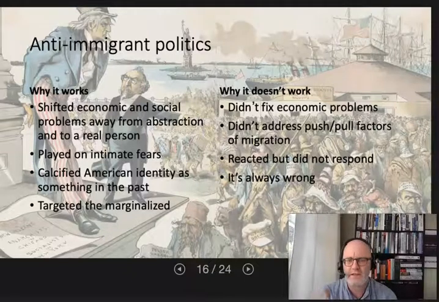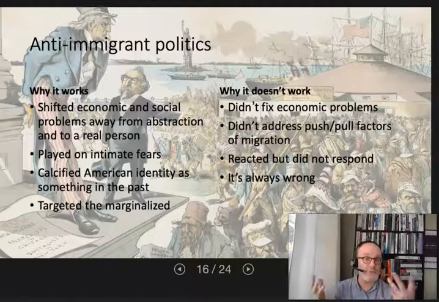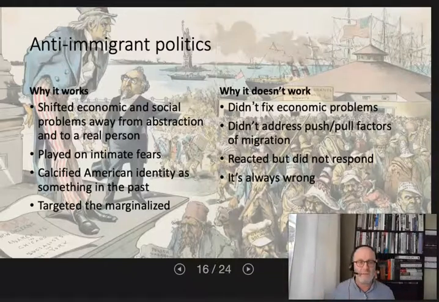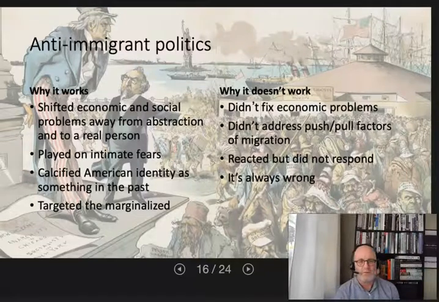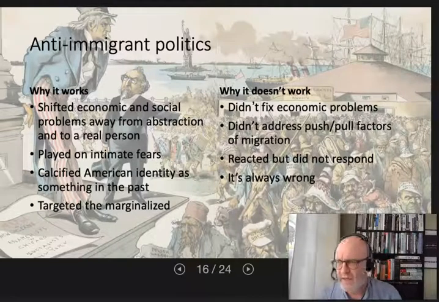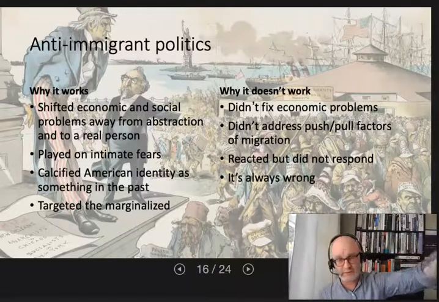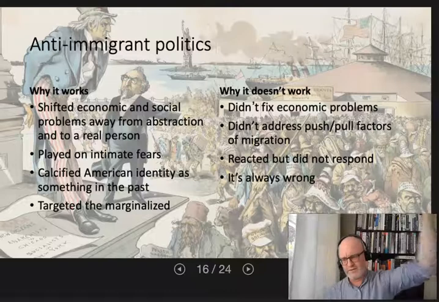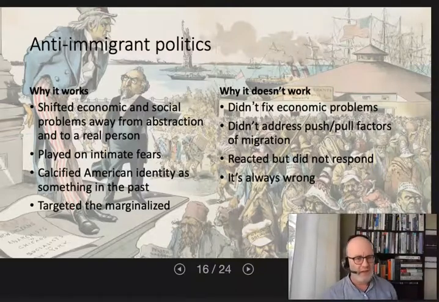Those people are the reason that it's not like it was when you were a kid. And that plays on very intimate fears. It also creates an American identity that always is back there in the past. We'll see this with the Johnson-Reed anti-immigration law of 1924, which very clearly says what it means to be American exists 40 years ago, way back in 1880.